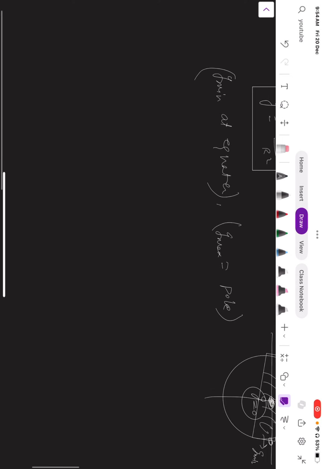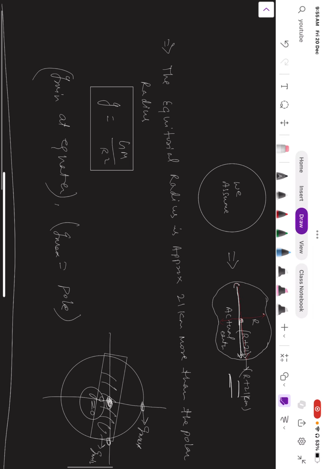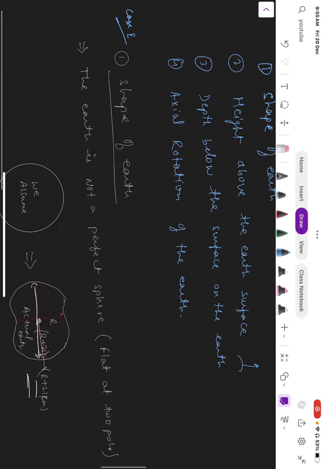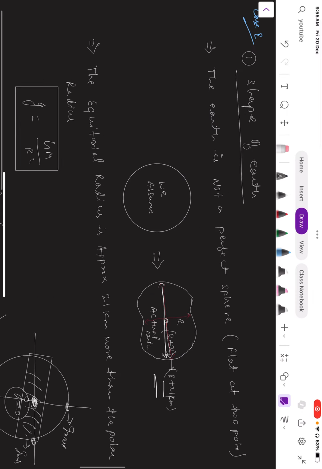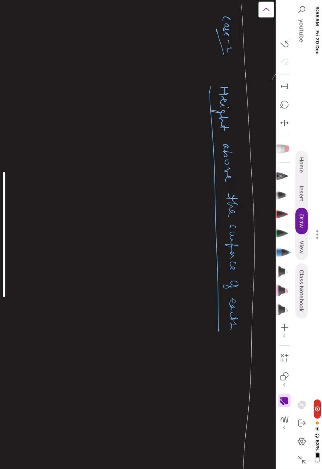Now the first part is covered here. Case 1 is completed, case 2 is started. Case 2 is height above the surface of earth.